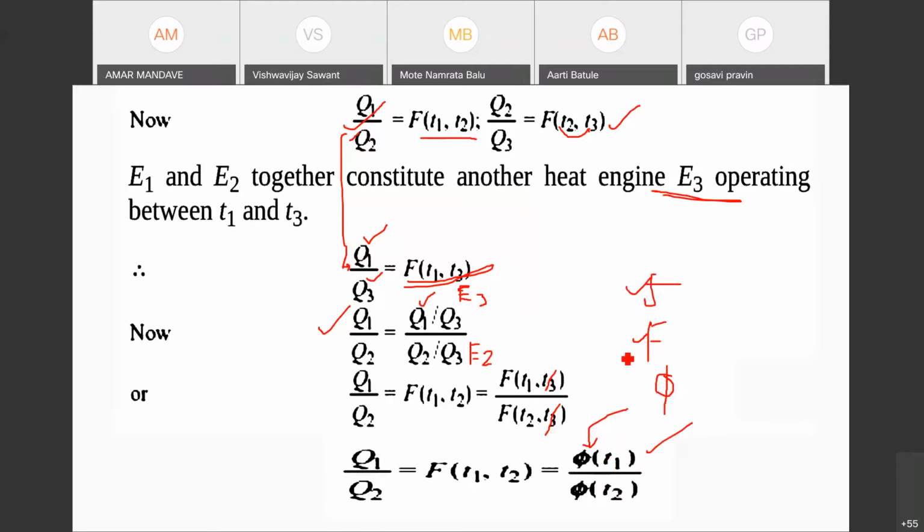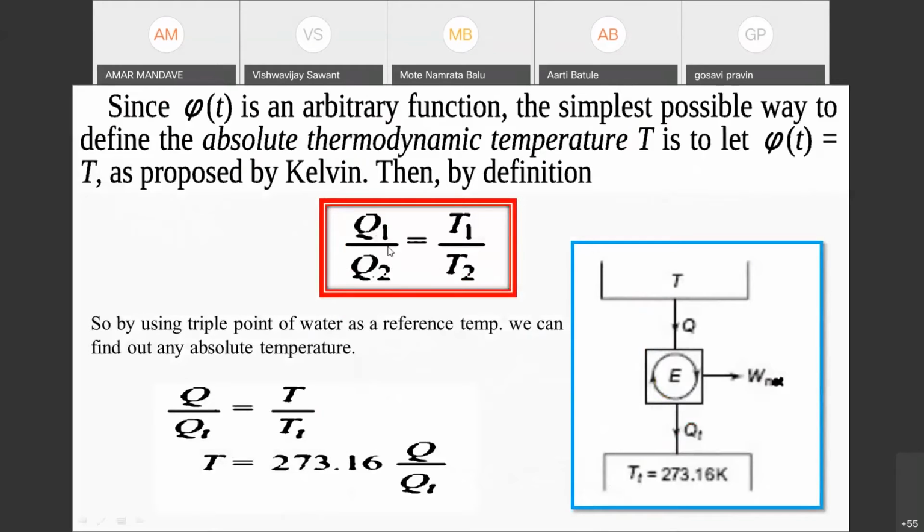From that we can find out that when we consider this psi(T) as the Kelvin scale, then we can write Q1, the heat added, upon Q2, the heat rejected, is equal to T1 upon T2.